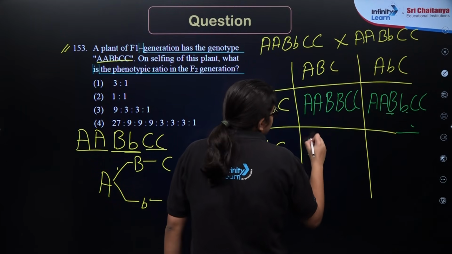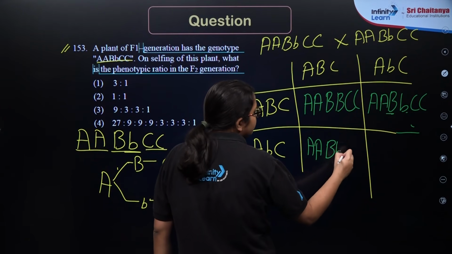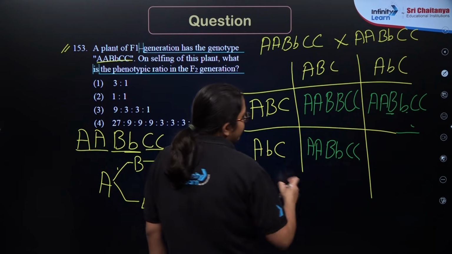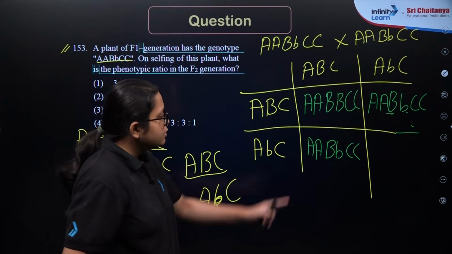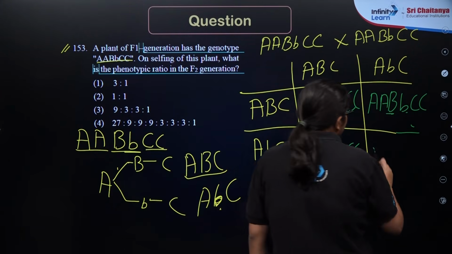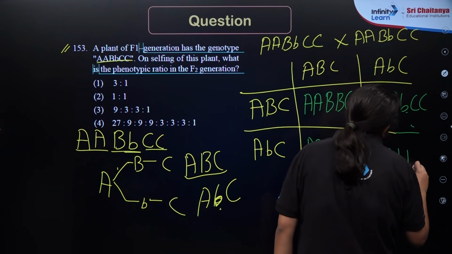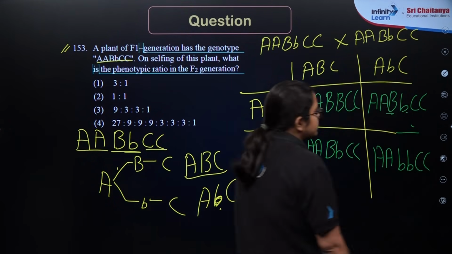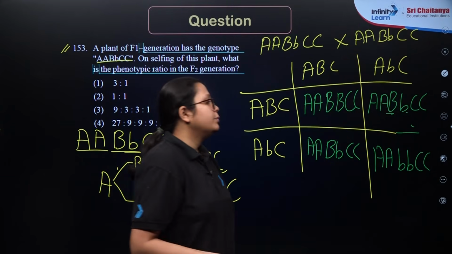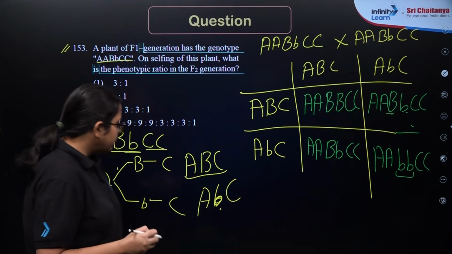This one again capital A, capital A, capital B, small b, capital C, capital C. Again heterozygous dominant, the phenotype will be the same as these three. Last one capital A, but small b, capital C, capital C. Here the phenotype will be different because this is small b.